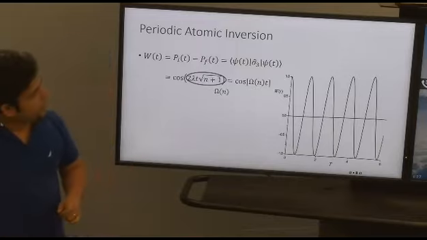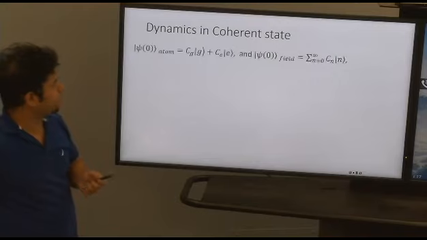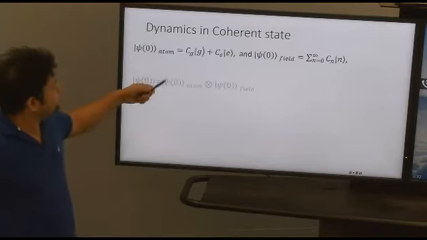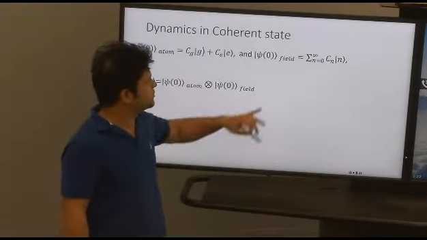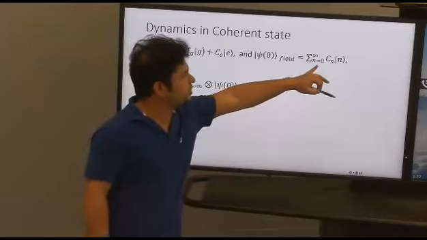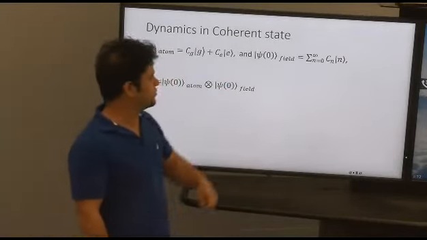So, now we want to look at this solution in the coherent state. In coherent states, we can define this state by here in the ground state and excited state, and a field by this term. This is a coherent state, with different numbers of photons with this number.